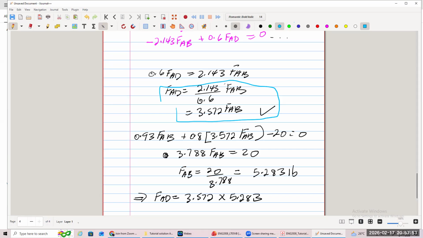So you multiply AB by it and you must get the answer. What do you get for this part? It's AD that you're getting. You should get about 18 something. 18.871. Right, and that is pounds.